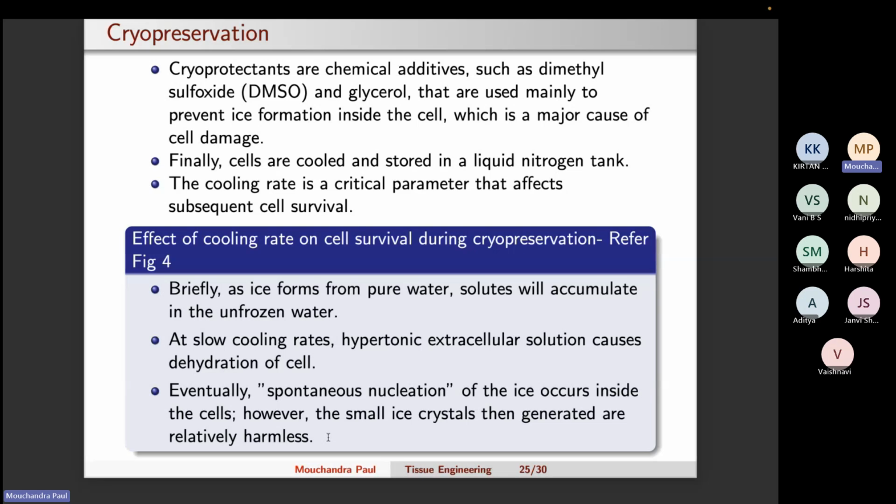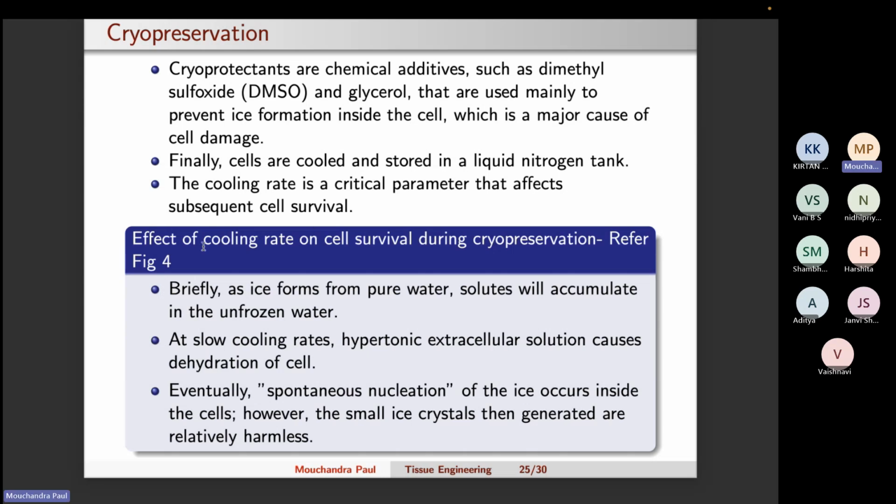Cryoprotectants protect the cells from very low temperature, and usually we use chemicals like DMSO, dimethyl sulfoxide, or glycerol as cryoprotectants. They prevent ice formation inside the cells, and if ice formation takes place, it can cause a large amount of cell death. Which is why cryoprotectants are very important to prevent cell death when cells are stored at very low temperatures.